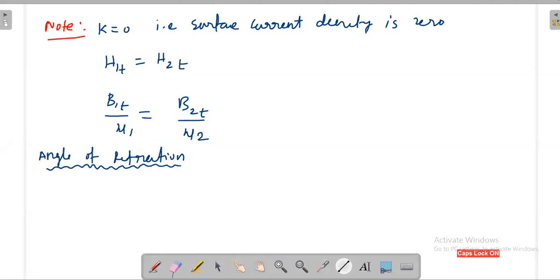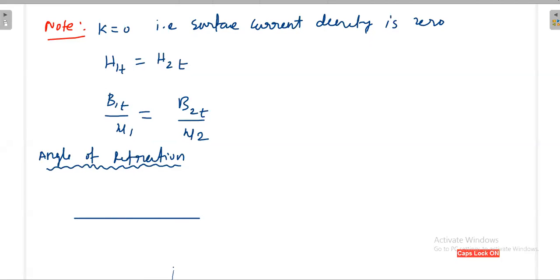Say this is the region. Some magnetic field is going in this way. It is making angle theta 1. It will have some refraction based on the media properties, so the angle is theta 2. Here you are having B1, H1.